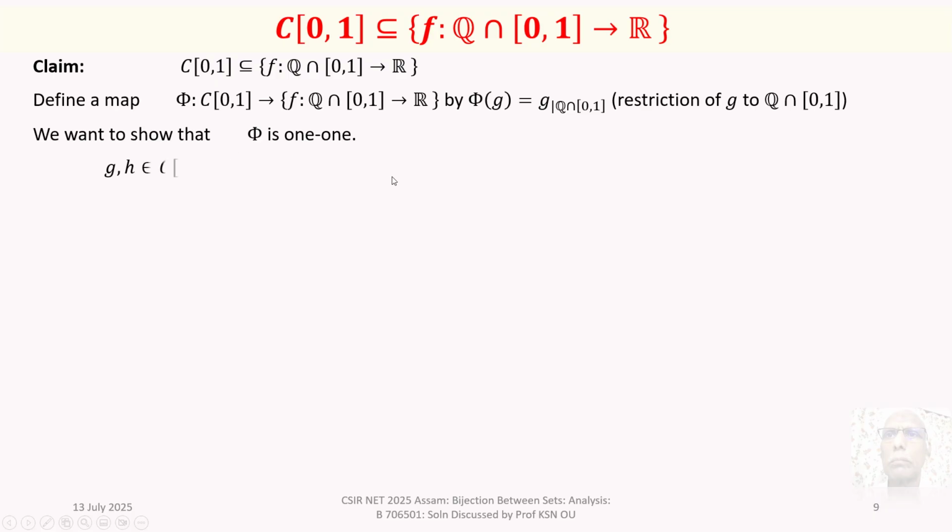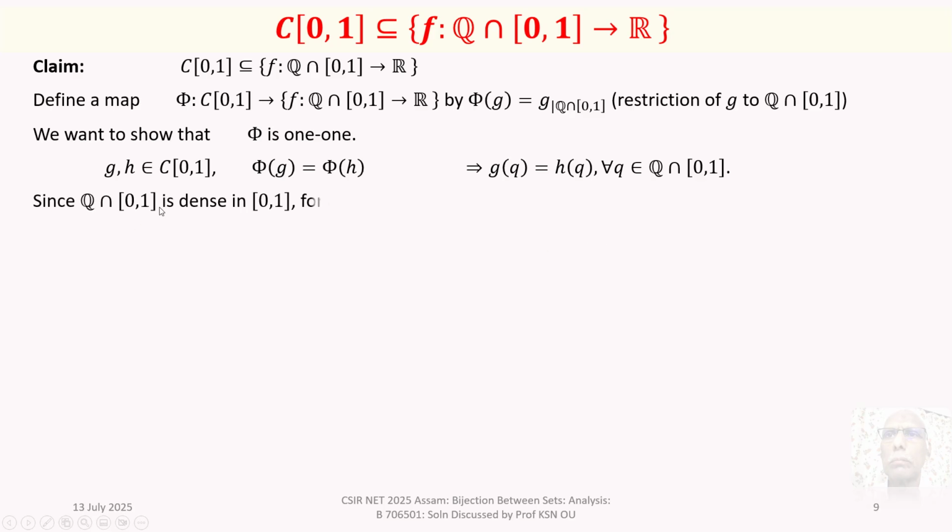Phi is 1-1. So, let us take g, h be two elements in C[0,1]. Phi of g is equal to phi of h. Means what? g of q is equal to h of q for all q belongs to Q intersection [0,1].